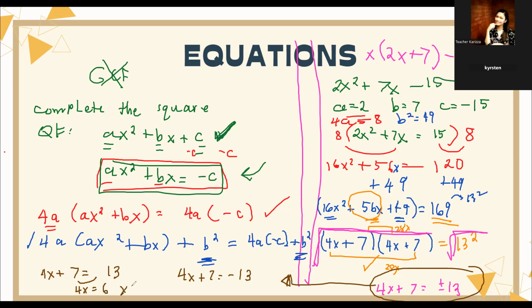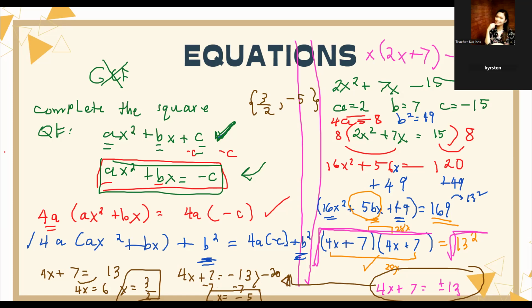So x is 6 over 4 or 3 halves. Then here, minus 7 from both sides, that's negative 20. Divide both sides by 4, x is negative 5. So final answer, x is 3 over 2 and x is negative 5.